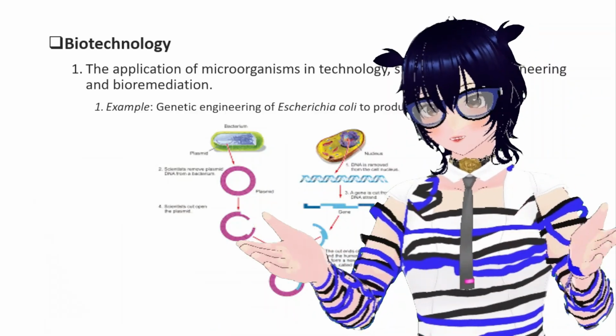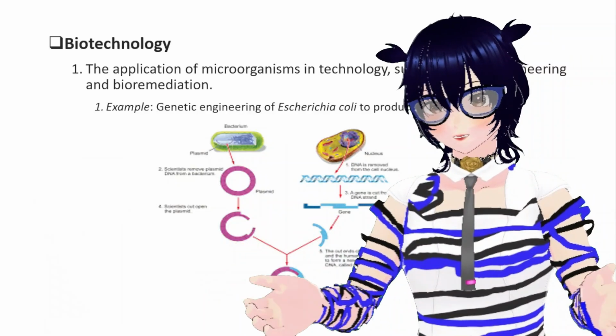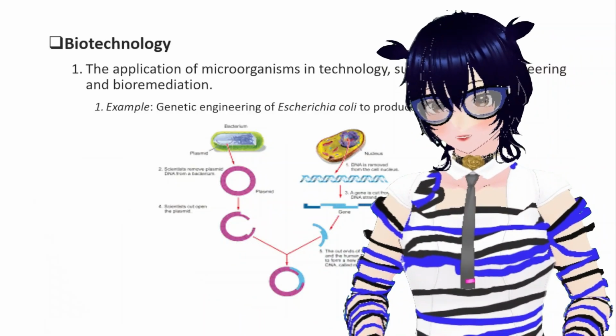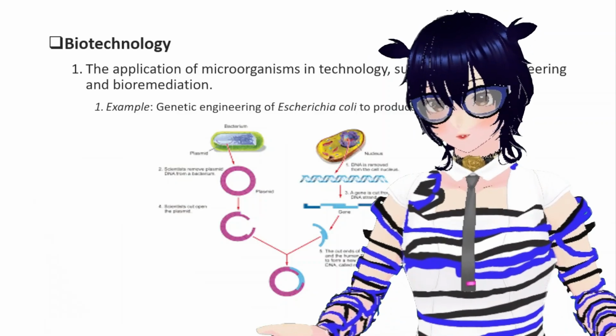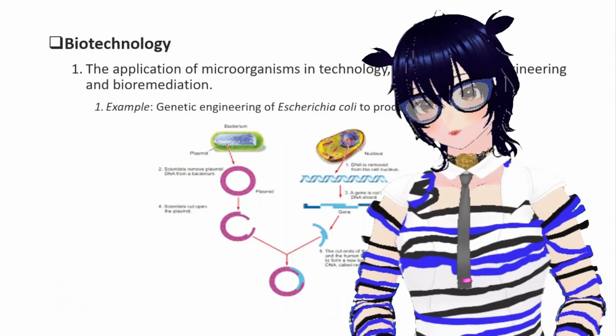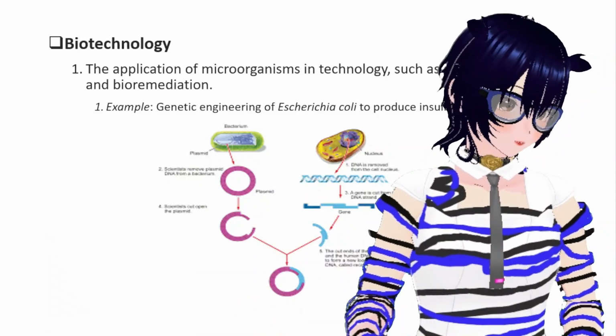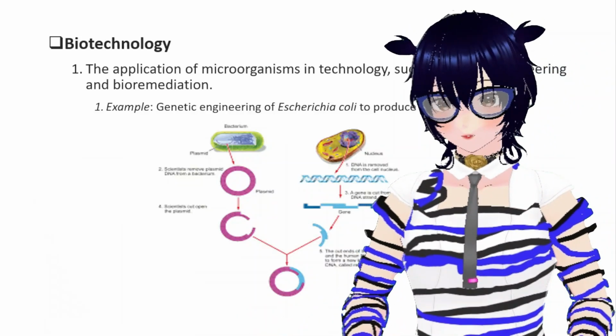This is different. This is microorganisms used in technology or technologies used on the microorganisms, such as genetic engineering. This is pretty concise, and genetic engineering is a common theme of biotechnology.